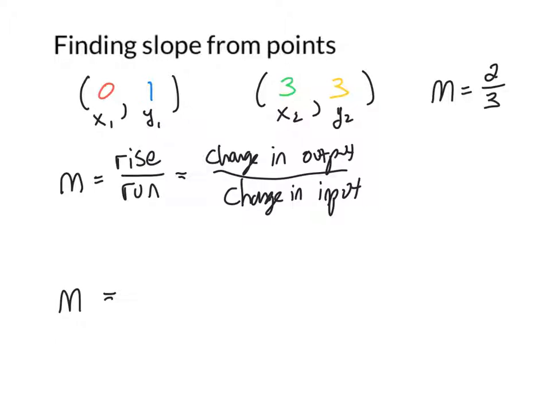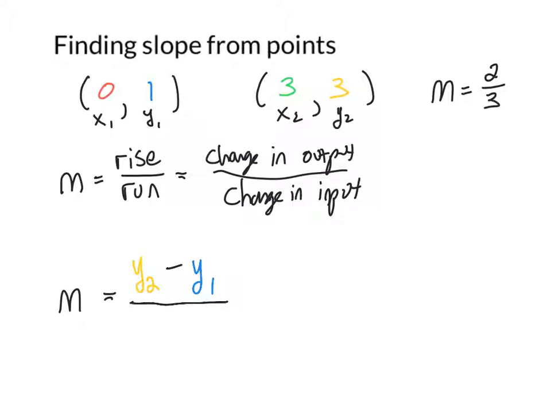And the way that I look at this analytically is I look at it with subtraction. So if I look at the difference between two numbers, I subtract them and I see what that is. So if I look at y2 minus y1, that's going to be my change in output. What's the difference there?